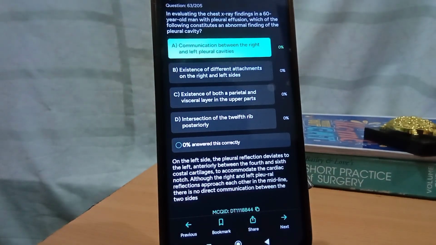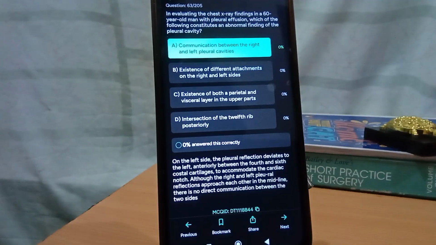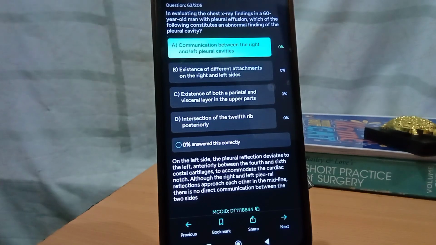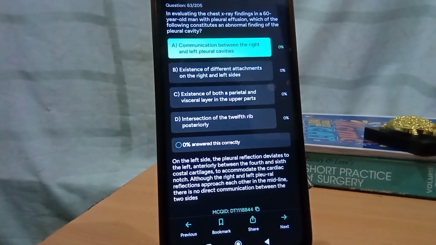In evaluating the chest X-ray finding in a 60-year-old man with pleural effusion, which of the following constitutes an abnormal finding of the pleural cavity? Options are communication between the right and the left pleural cavities, existence of different attachments of the right and left sides, existence of both parietal and visceral layers in the upper part, and intersection of the 12th rib posteriorly.